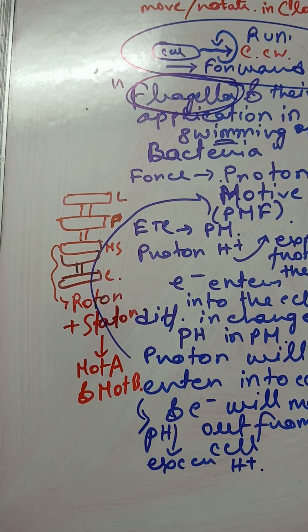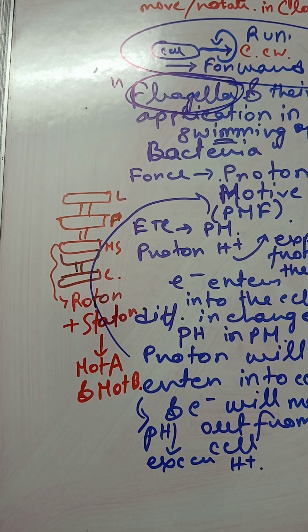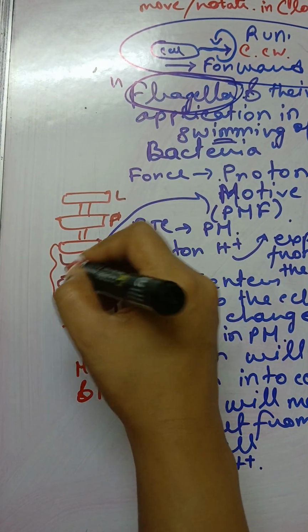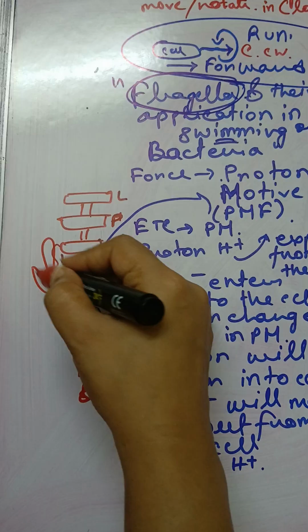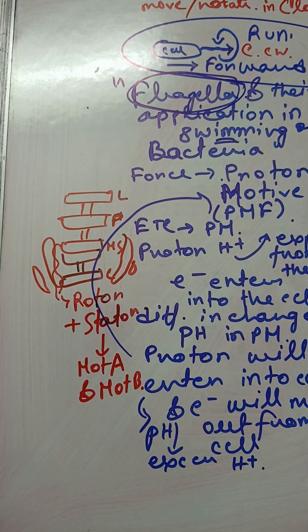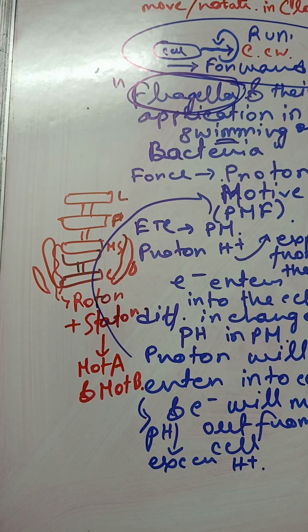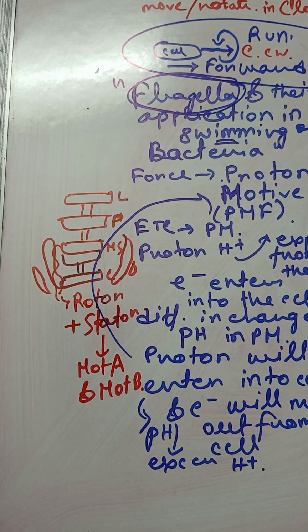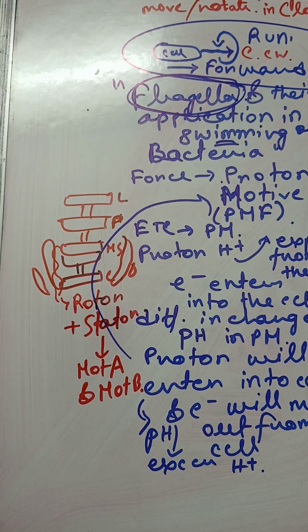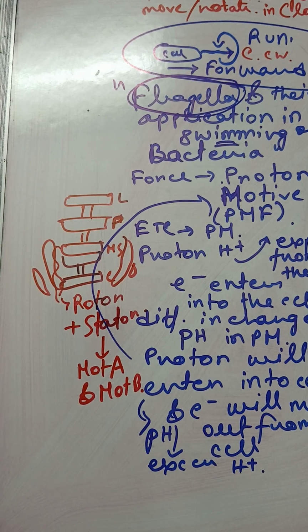Both of them will make a channel or a hole in the plasma membrane section, and they are also attached to the cell wall peptidoglycan layer. So the rotor part is the MS and C ring, and MotA and MotB are the 2 proteins which make the stator portion, meaning these 2 proteins in combination make a channel or hole in the plasma membrane region.